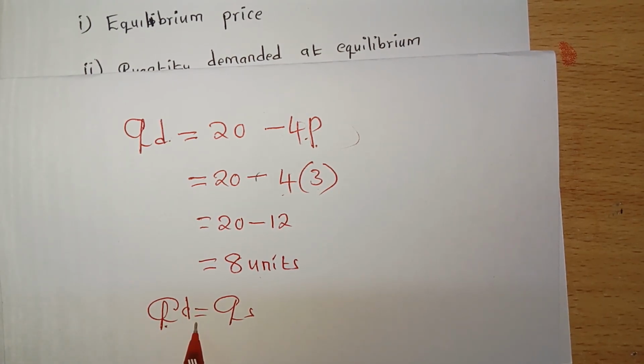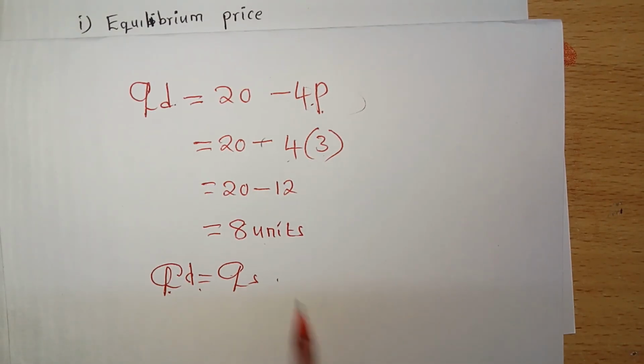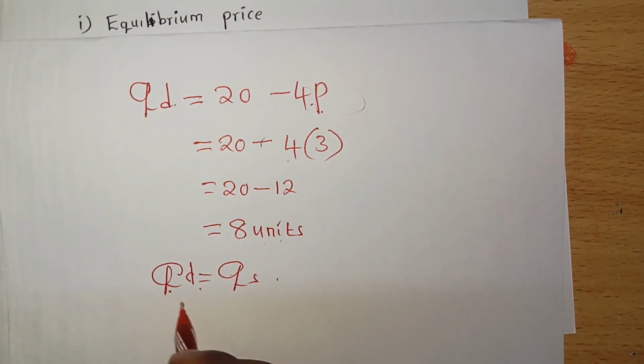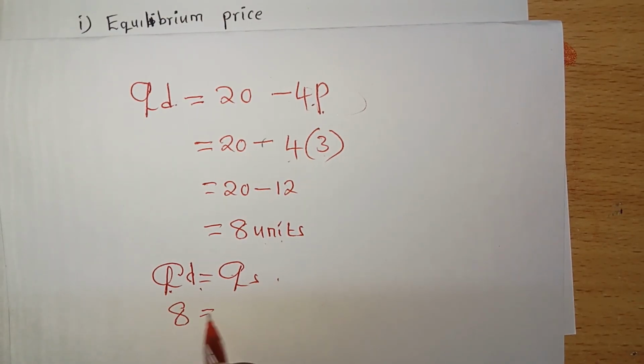The quantity demanded at equilibrium is the same as the quantity supplied at equilibrium. If we have gotten the quantity demanded at equilibrium as 8 units, it means our quantity supplied is supposed to be 8 units.